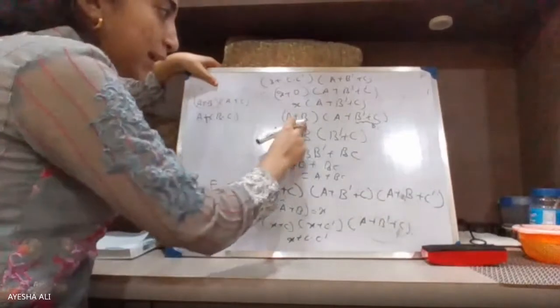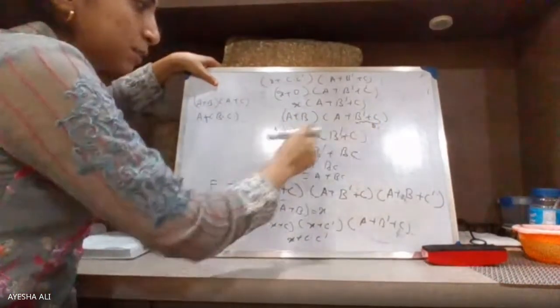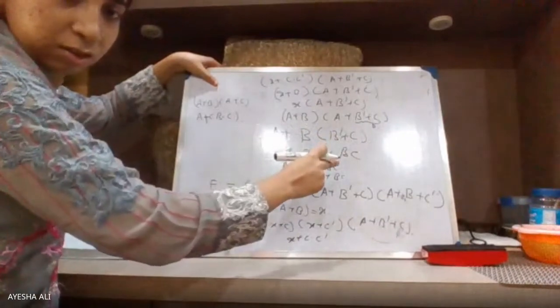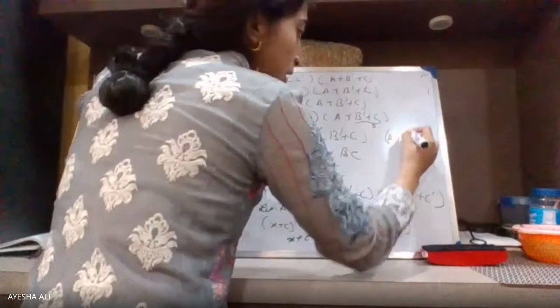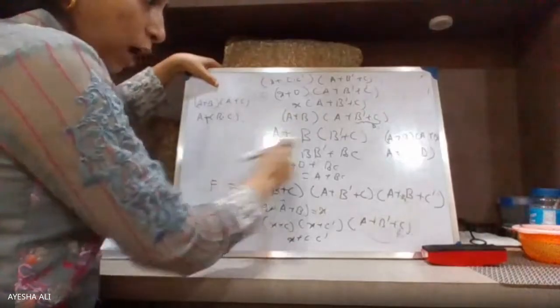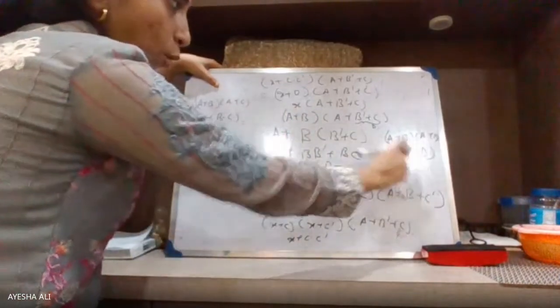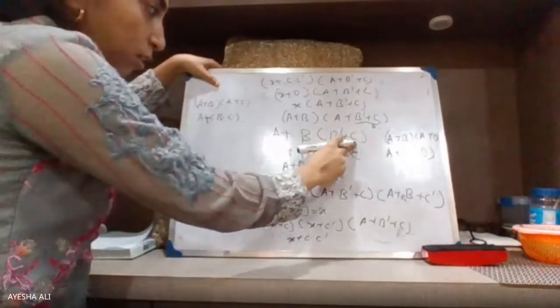So A plus B, A plus D will be what? A plus BD. Suppose I have A plus B, A plus D, it will be A plus BD. So I took out the A over here, and B into D. What is D? D is B complement C. So B into B complement C.